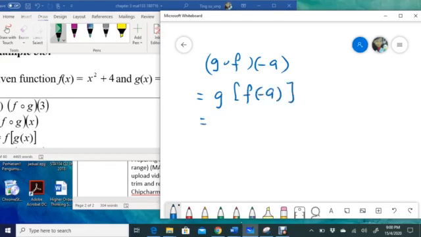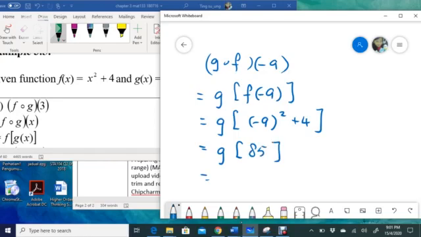Solve the f first. So f is negative 9 squared plus 4. So 81 plus 4, you have 85.